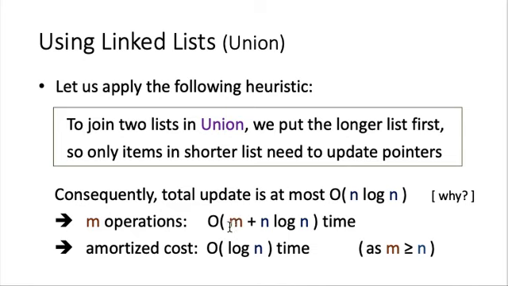So m includes at least n of them, which are the make-set operations. So we must have m greater than or equal to n. Now, because the total cost of m operations is like this, and m is greater than or equal to n, we know that the amortized cost is at most order of log n time.